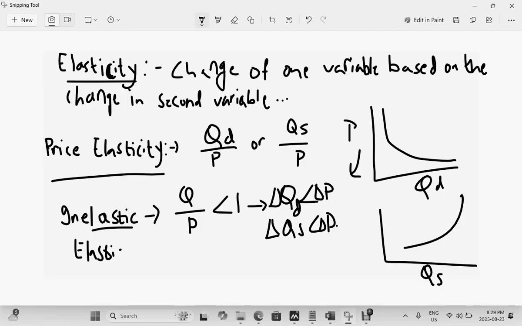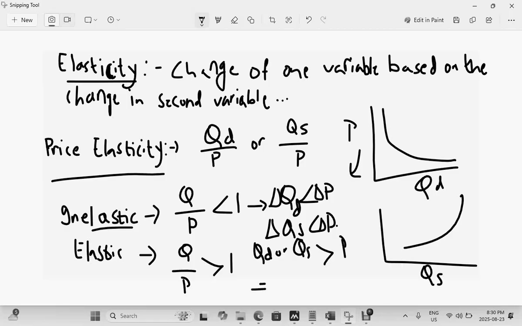Say, for example, if something is not a necessity, let's say a privilege or a luxury, then your Q over P, either QD or QS over P, will be greater than 1, where your quantity demanded or supplied will be more than your price.